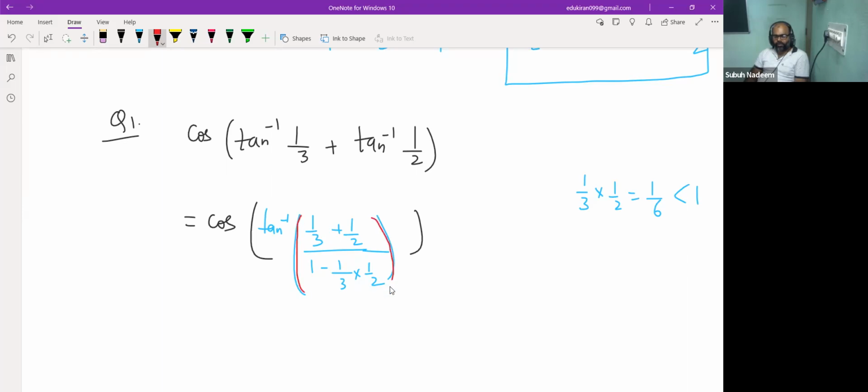This value: 1 by 3 plus 1 by 2, by 1 minus 1 by 2 into 1 by 3. What would it be?